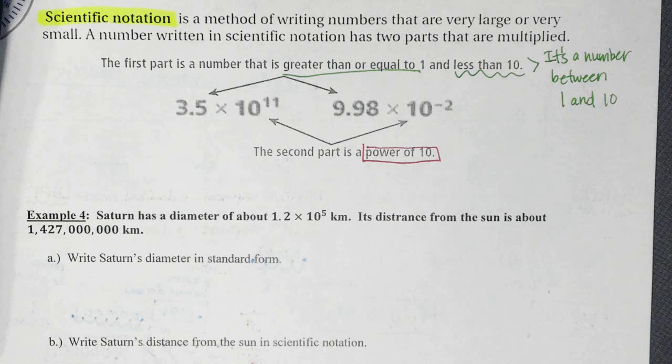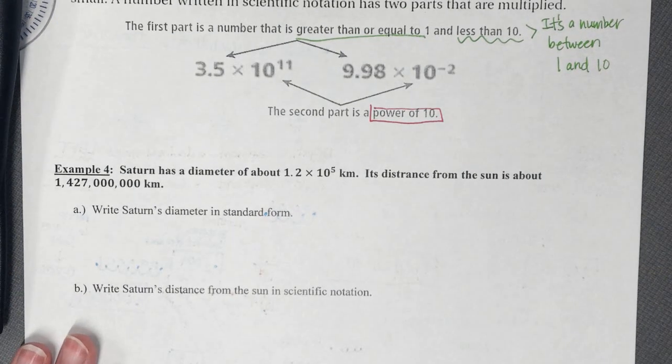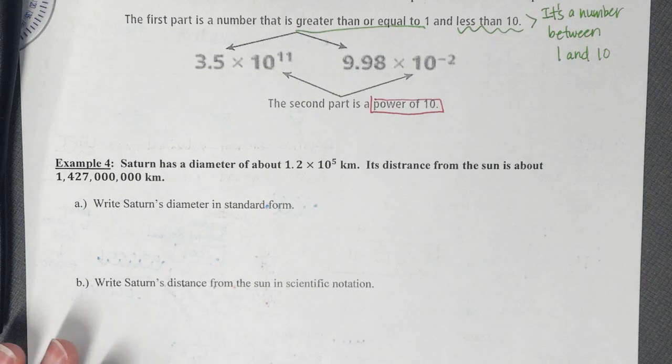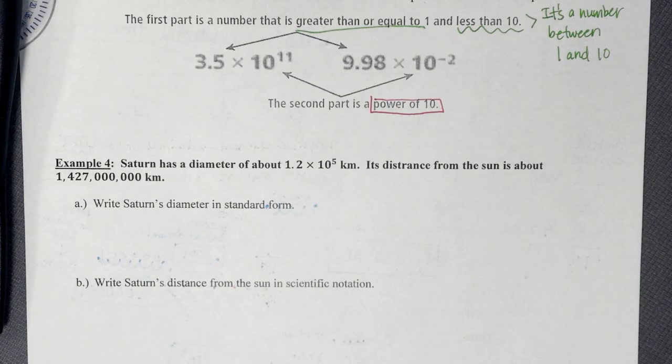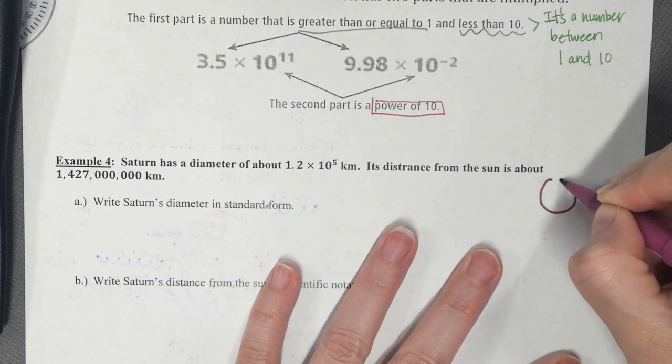Okay, first, do we know what the diameter is? Maybe we should draw Saturn. You guys want to draw Saturn today? A little replica? Were any of you into space as a kid? I was more of a dinosaur child. Oh, dinosaurs.